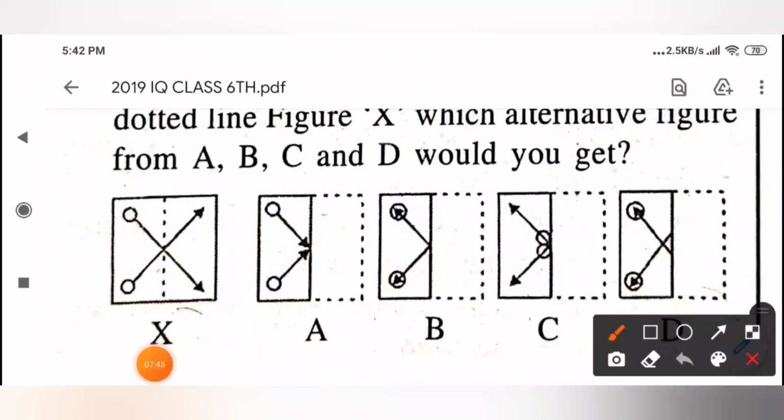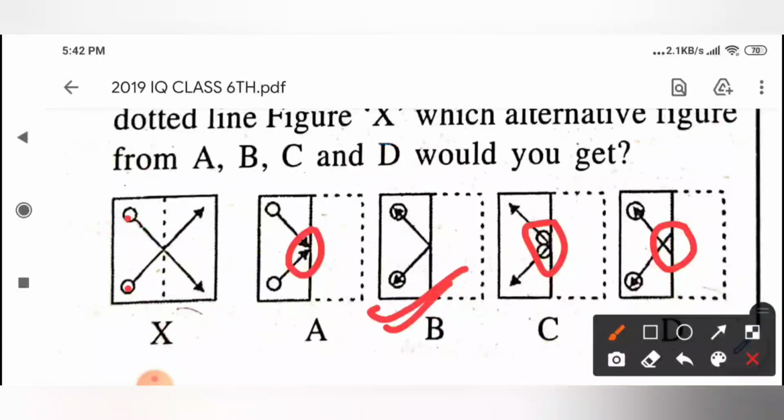When you fold, this arrow mark will go here. The arrow mark will come inside the circle. And B looks correct. C is also wrong because in C, the circles are coming here, which is wrong. D is also wrong because here you see, the lines get overlapped, which is wrong. So the correct answer is option B.